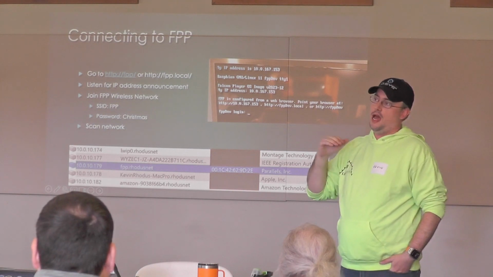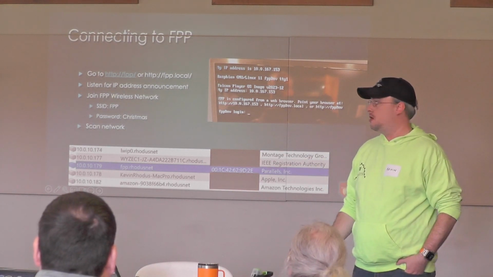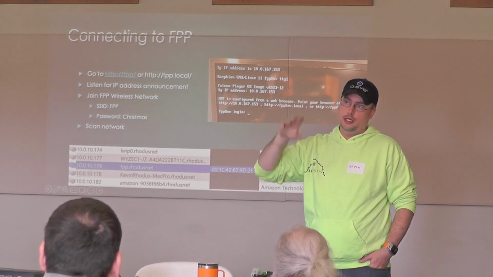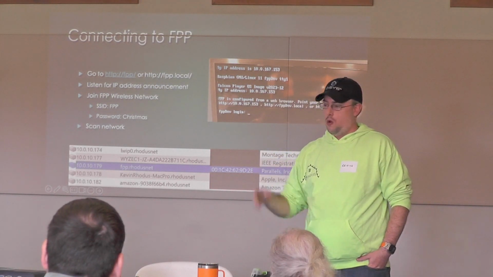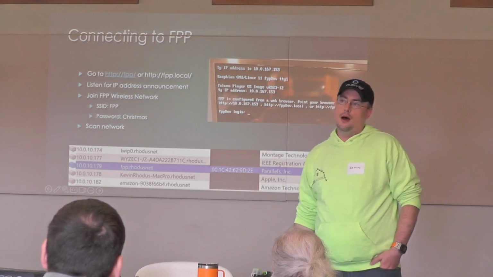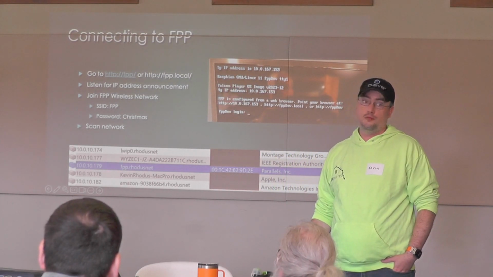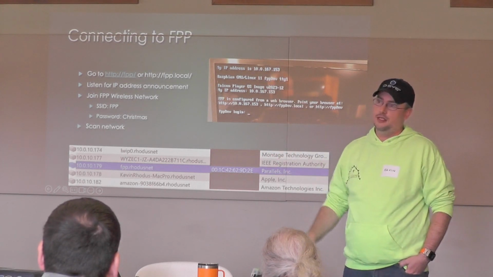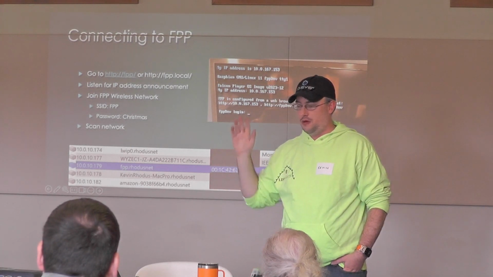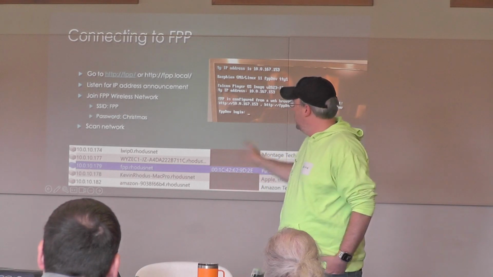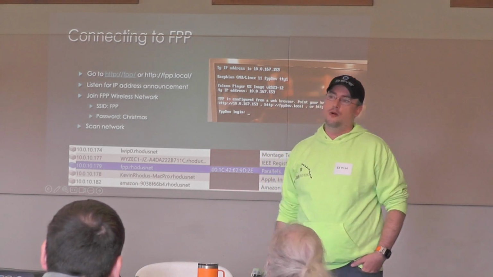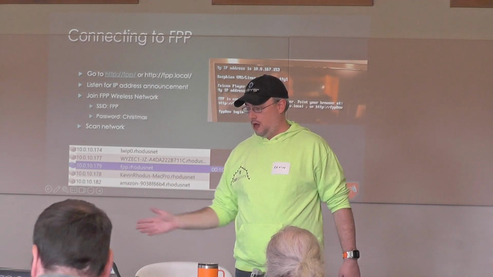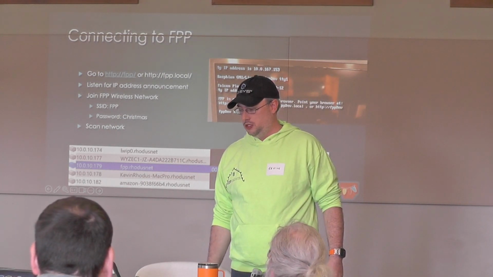So as long as you have DNS set up on your router, you can just go in a browser to http://fpp/ or fpp.local. I'm assuming there's maybe one other person in this room who actually uses a different DNS suffix, some other network engineer in here, but for the most part, everybody's going to be fpp.local or just FPP for the default. And we'll talk in a second about why you should change that.